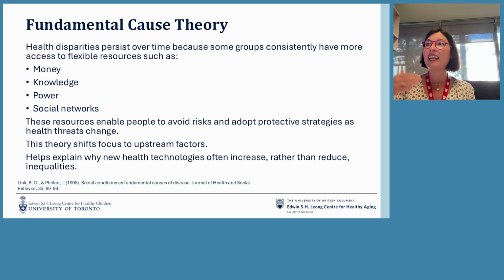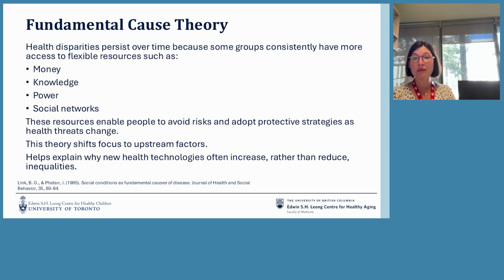These resources enable people to avoid the risks and adopt protective strategies as soon as health threats change, making these elites, or people who have these resources, always on top of having the best health outcomes, depending on how they change over time and depending on the context. This theory shifts the focus to upstream factors and helps explain why, for example, new technology often increases rather than reduces inequalities.